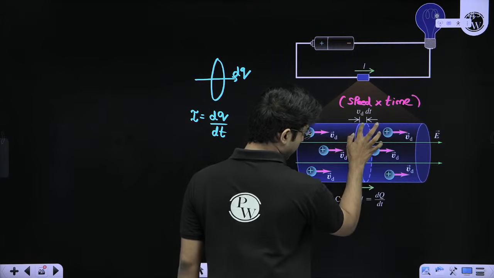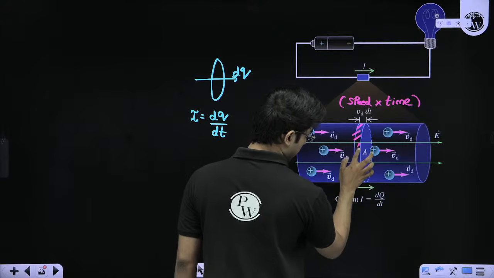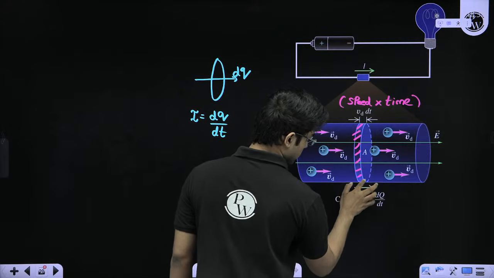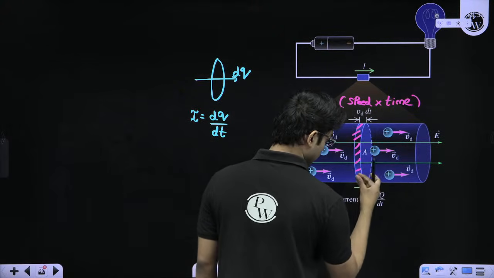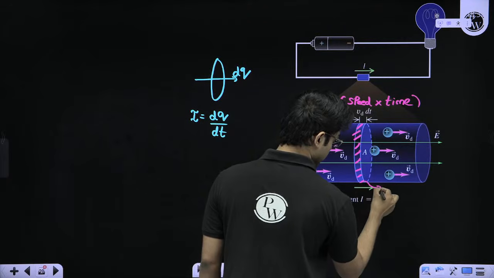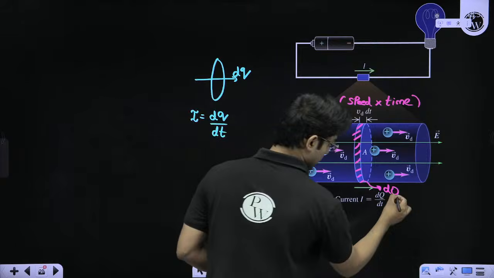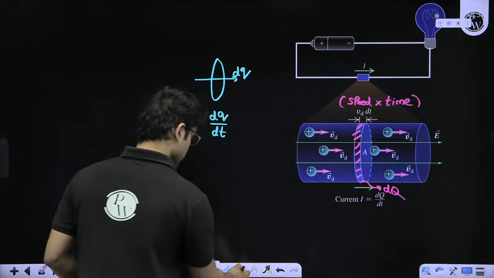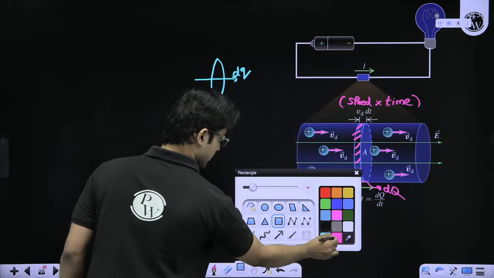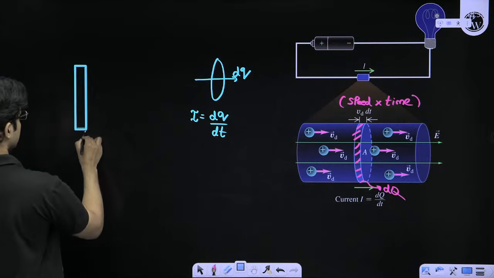So we just have to find out how much charge is there in this small cylinder. Let's call the small cylinder's charge dq. So our element is this small cylindrical element.